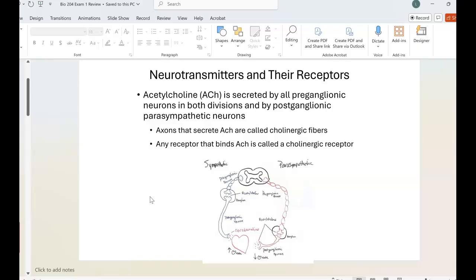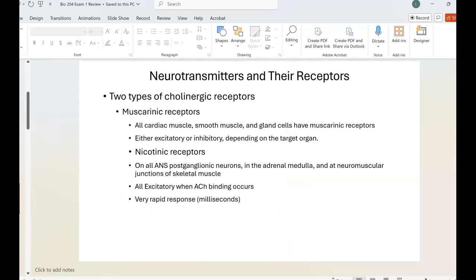For the parasympathetic system, at the postganglionic neurons, they are going to release acetylcholine, whereas in the sympathetic, those postganglionic neurons are going to be releasing norepinephrine and epinephrine. That's mostly what we talk about with the parasympathetic and sympathetic system.